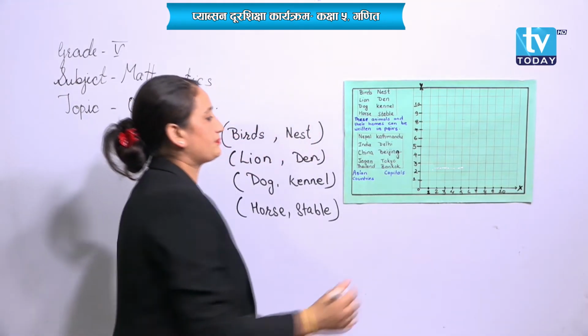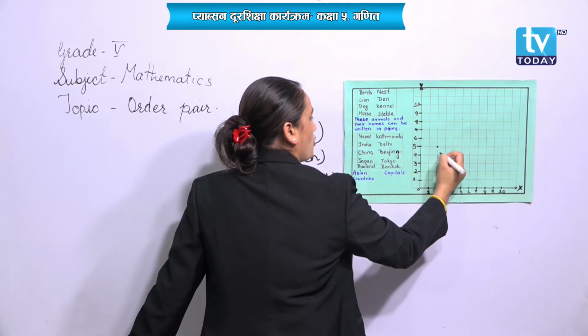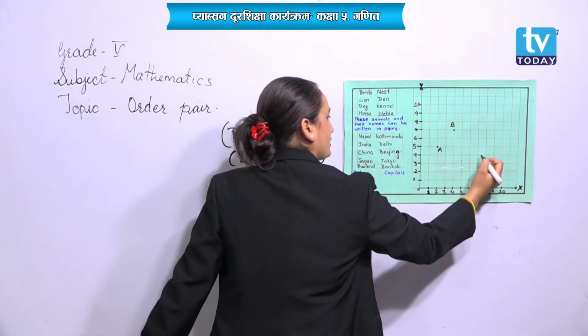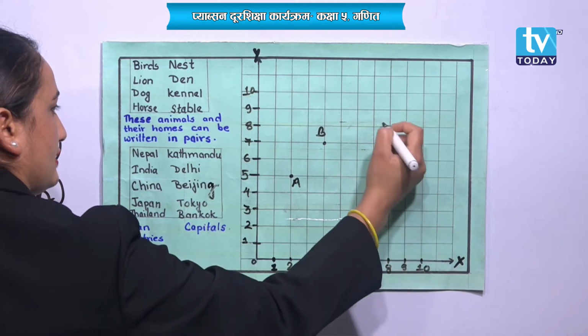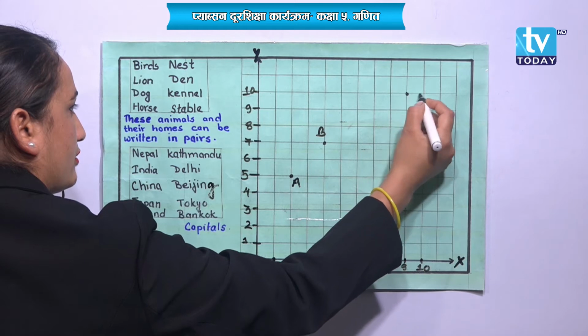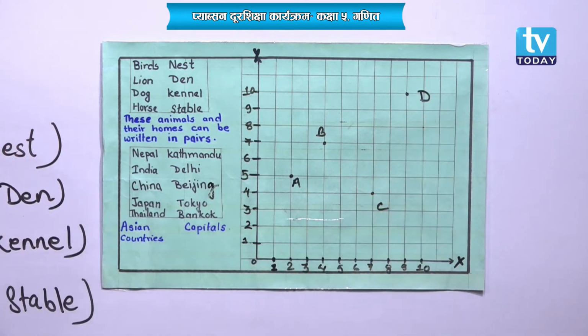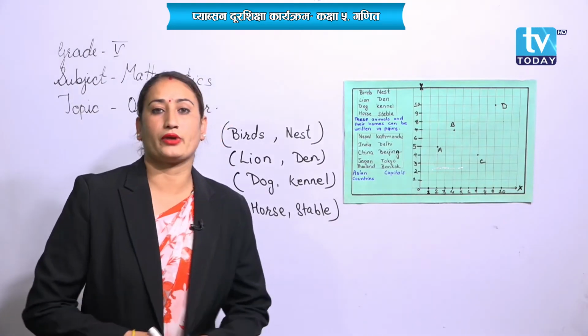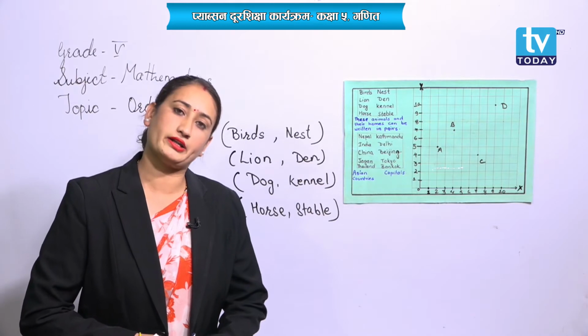Here, let's give the points with names. Okay, point A, point B, point C, and point D. Have you seen?